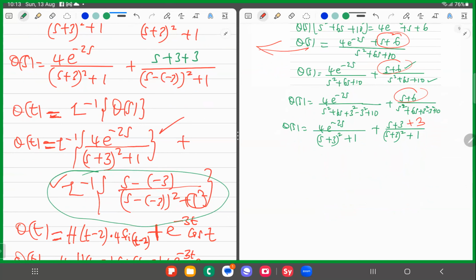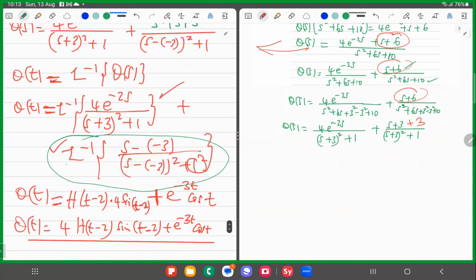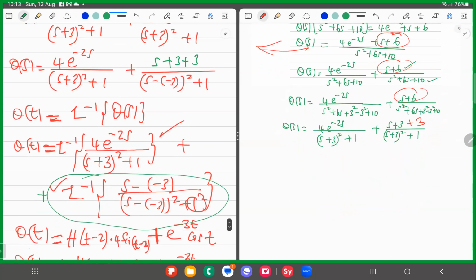But I would like us to add one more term here, s plus 3. I'm concluding our discussion. It's going to be s plus 3 plus 3.